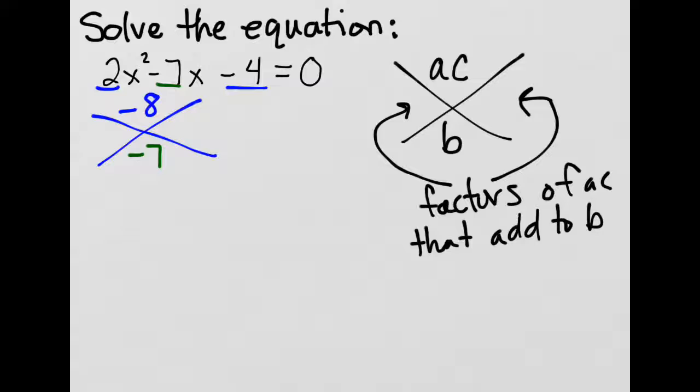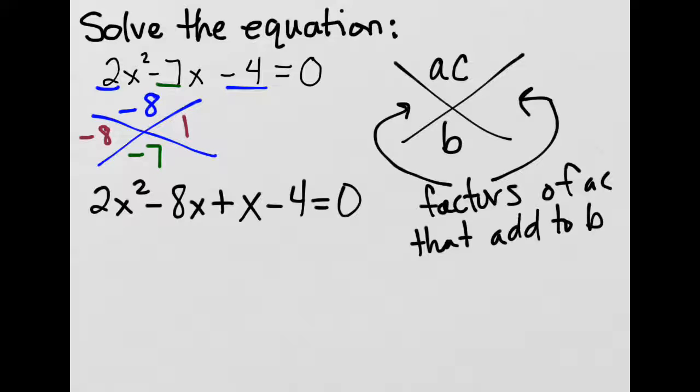Things that multiply to 8 are 2 and 4, but those don't work, and the only other ones are 1 and 8. So in this case, the answer would be -8 and +1. Those 2 numbers will multiply to give you -8, and they'll add to give you -7. So those are the 2 numbers we're going to use to replace the -7x. We're going to rewrite our expression, replacing the -7x with a -8x and a +1x.